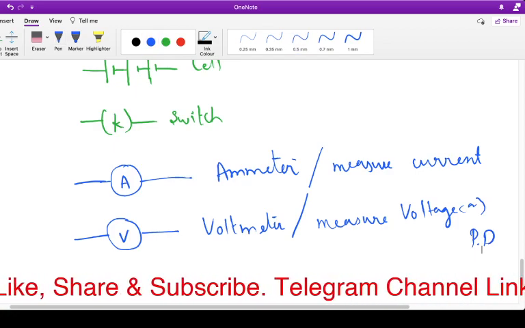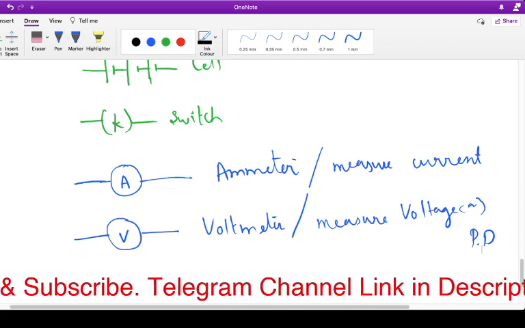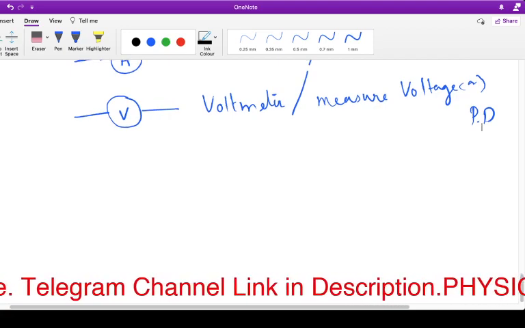Now coming to the other important topic, that is called Ohm's law.